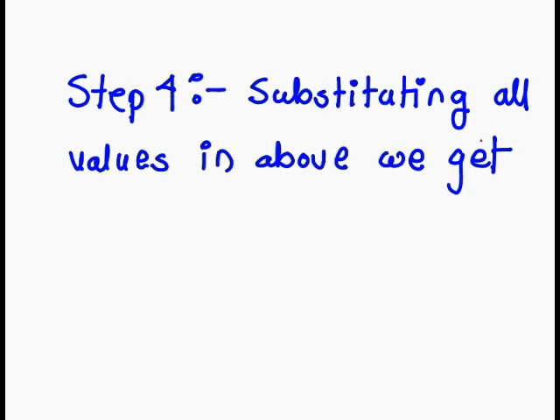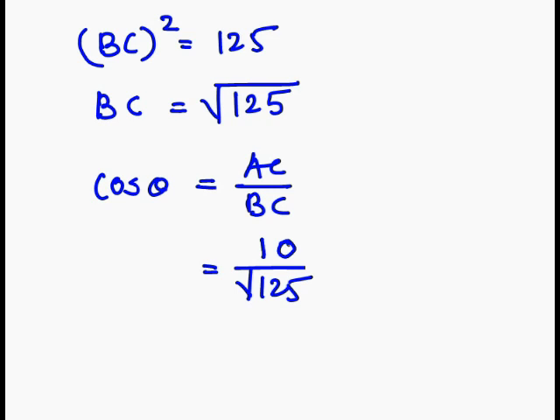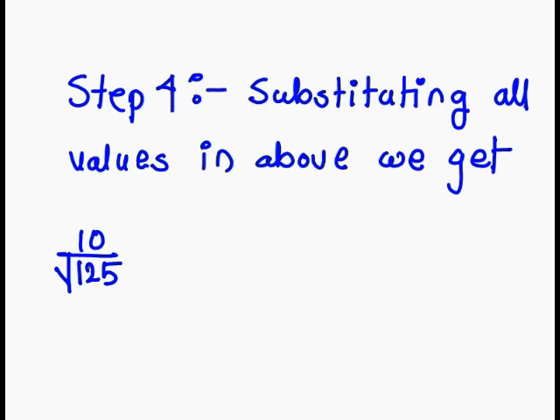Sorry, I made a mistake before this: cos theta is AC upon BC, and the value of AC is 10.